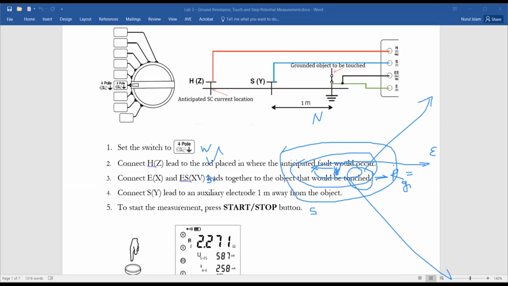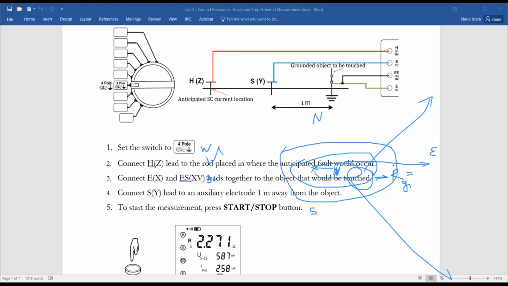And step potential is definitely the potential between 2 points 1 meter apart from each other, and not necessarily that 2 points could be very close to the faulted object. It could be anywhere away, but usually within 10 meters of the faulted object, because beyond 10 meters you will have less voltage, so you may have some error.